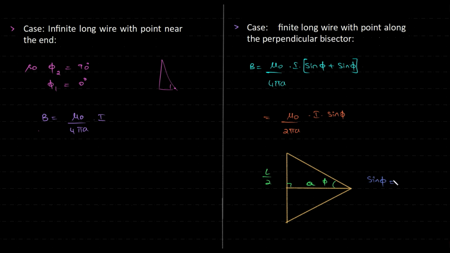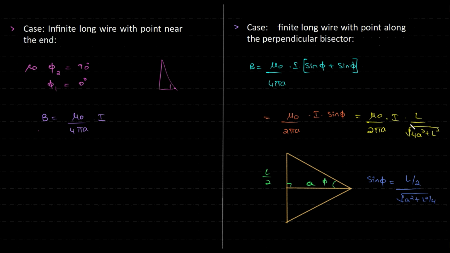So opposite, L by 2, by hypotenuse, and that is equal to square root of a square plus L square by 4, where I take the LCM, 2 will get cancelled. So basically this will be mu naught by 2 pi a I L by root of, again, simple maths, LCM will be 4a square plus L square. Simple maths, you guys should be able to do it. I'm just writing the final answer.